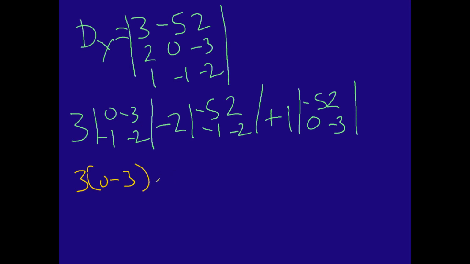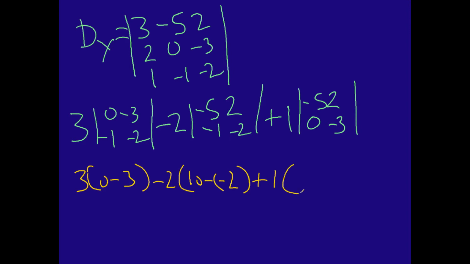That's just the rule. -2, let's see here. We got 10 minus -2, like so. So -5 times -2 is 10. -2 times 2 is -2, so we subtract it.